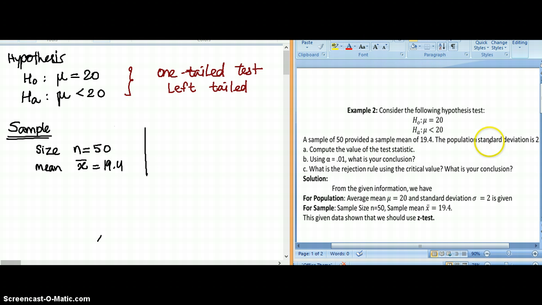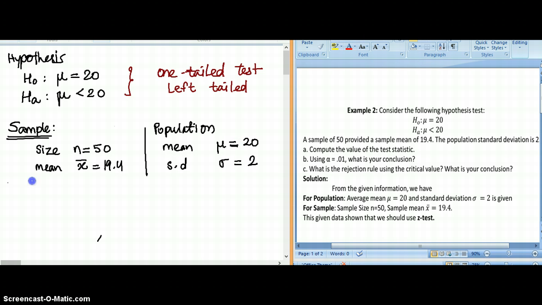What else is given? The population standard deviation is 2. Now they are talking about the population. As we know, from the null hypothesis, this mu represents the mean of the population, which is equal to 20. Also it is given the standard deviation of the population, which we denote by sigma, equal to 2.